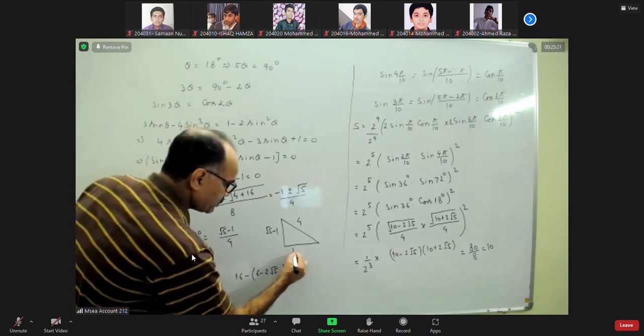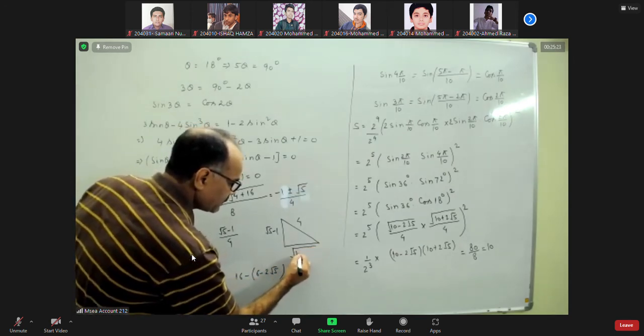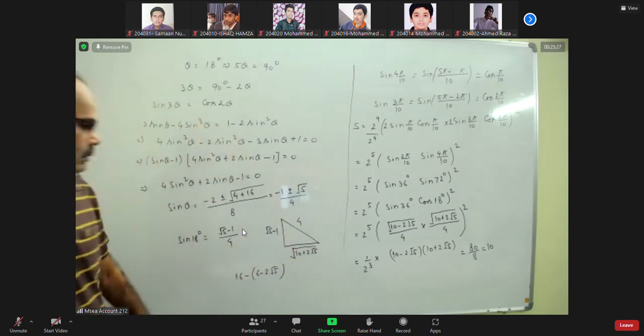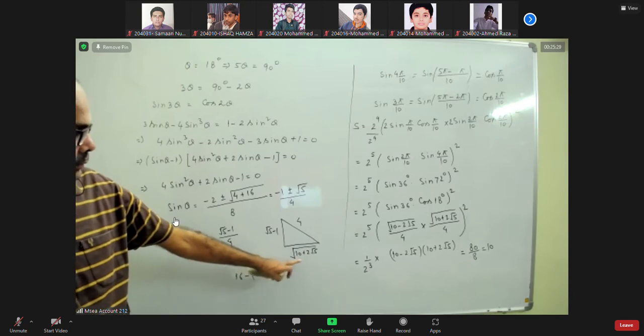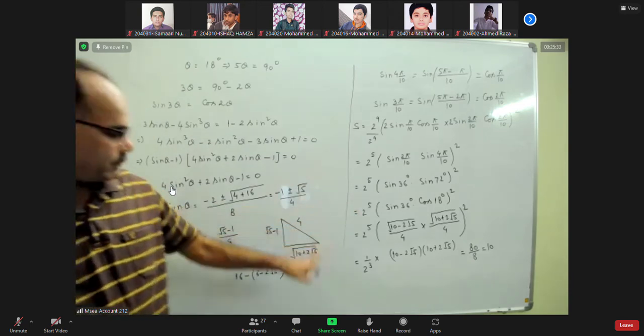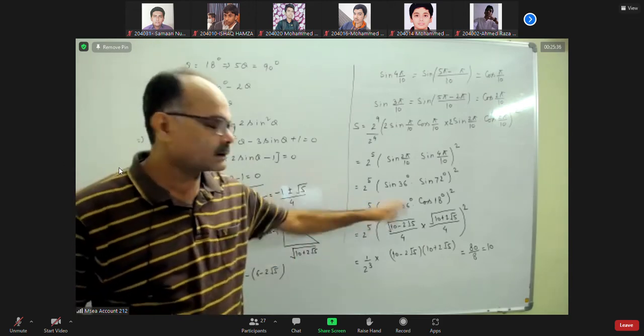Root of 10 plus 2 root 5. Same thing we got. So cos 18 is root of 10 plus 2 root 5 by 4. Now we want sine 36.